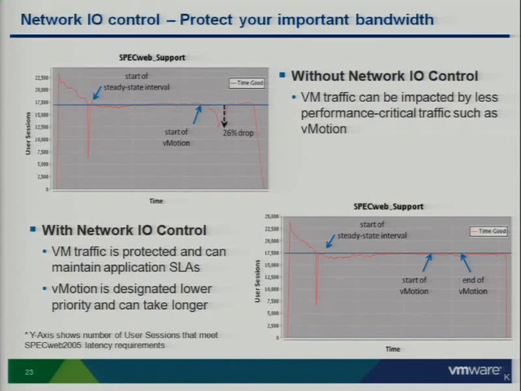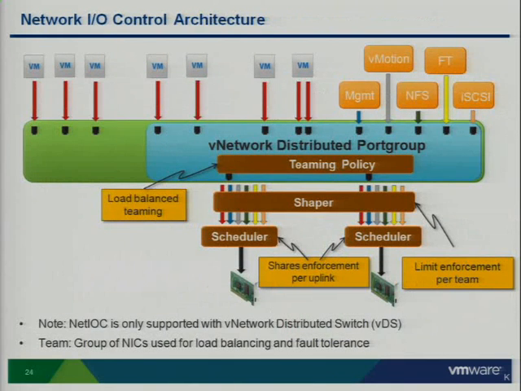So 70% of your throughput is reserved, not exactly reserved, but available to your VM network. So in this case, if it were indeed 70%, you would actually be able to reserve 7 Gbps for your VM network. And even through the vMotion, your users would continue to pass the SLA requirements that they have.